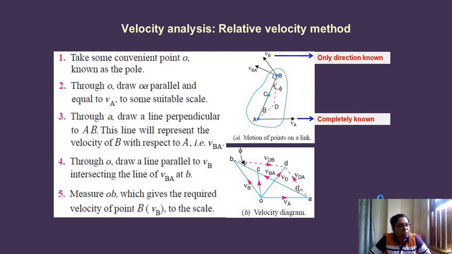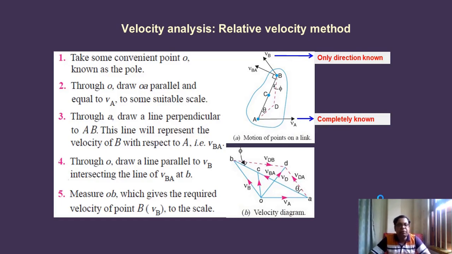Now, through point A, we have to draw a perpendicular to AB, capital A, capital B. Capital AB is actually the link. Now, this line will represent the velocity of B with respect to point A, that is VBA.